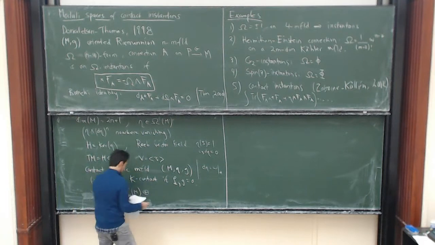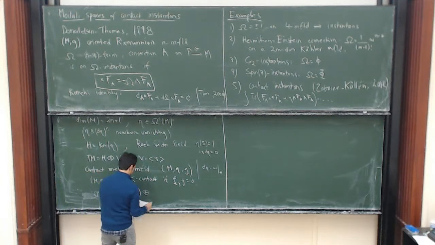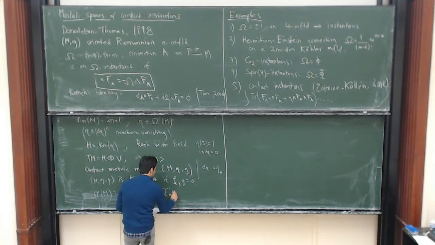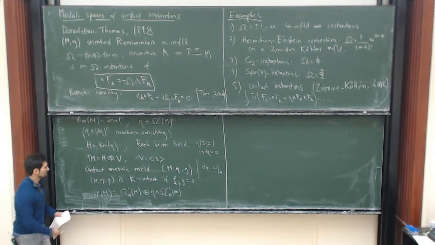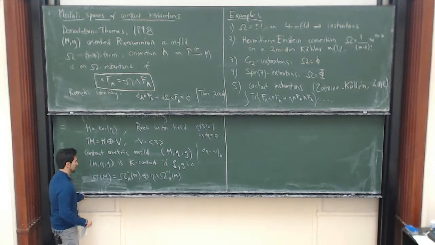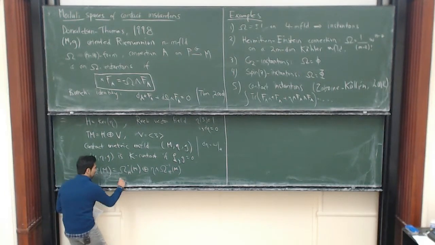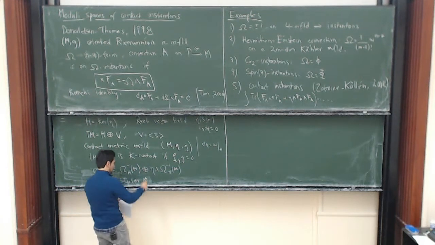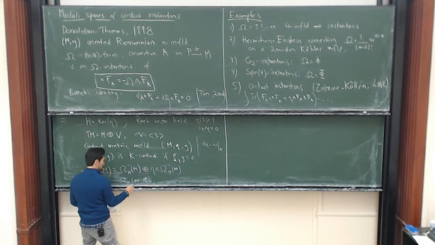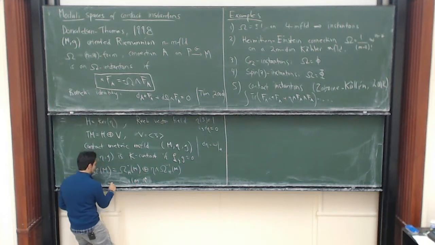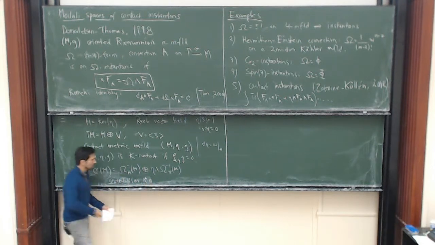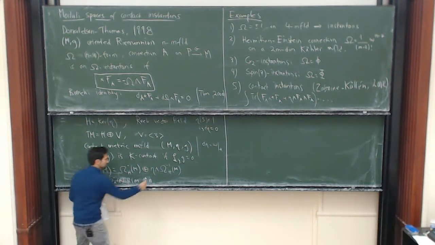We have this action by the Reeb vector field, where it's a splitting of a bundle. Okay, so the differential forms naturally split this way, and by omega h, I just mean a form valued in sections along the horizontal distribution.